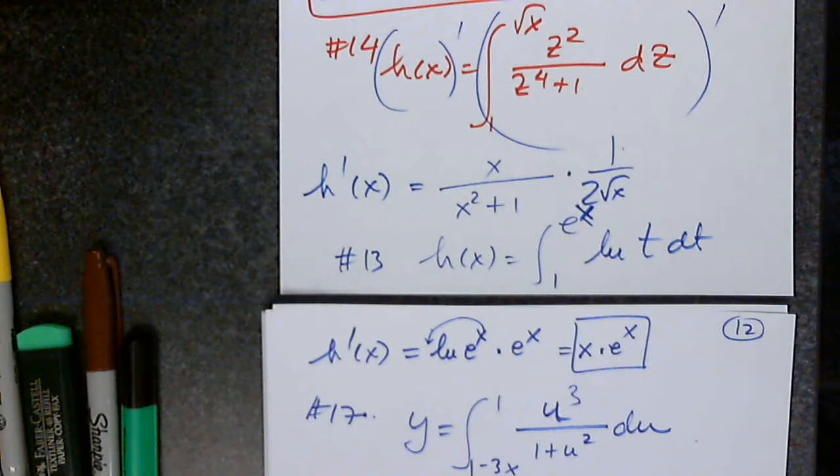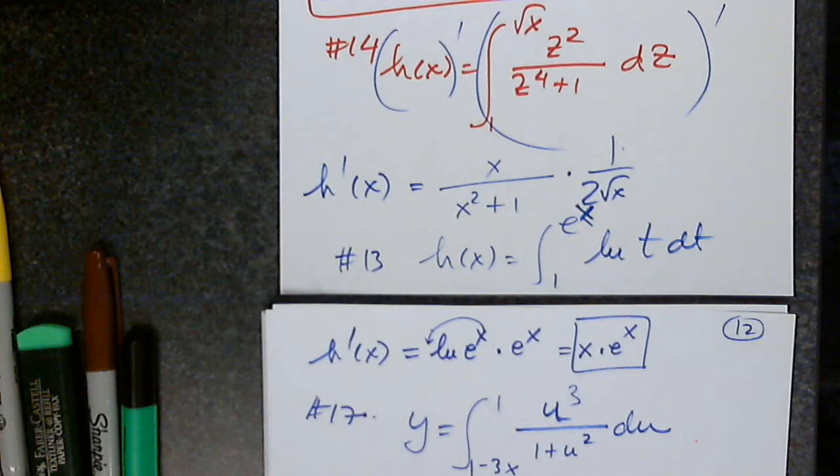So you get a negative integral from 1 to 1 minus 3x. But remember, you're taking the derivative at the end, so you get a negative 3. So it becomes a positive 3 in the end result.